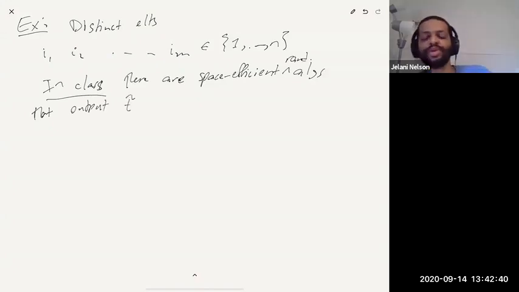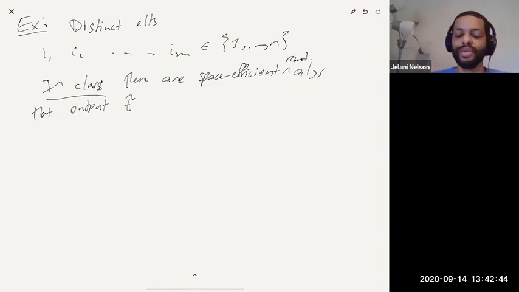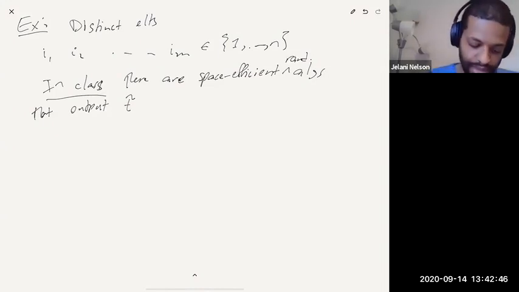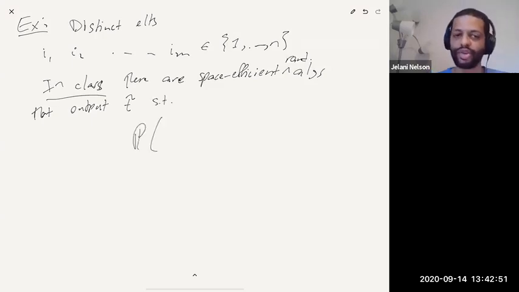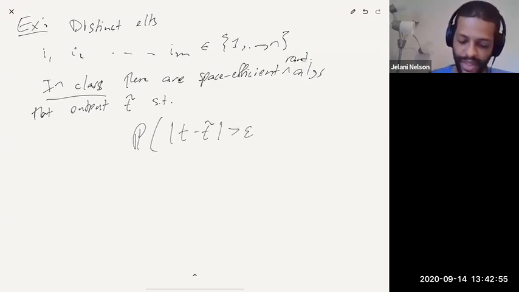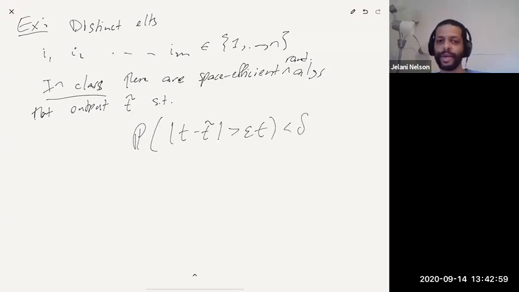Let's say T is the actual number of distinct elements in the stream. T tilde is the algorithm's output, which is trying to approximate T. That output T tilde is such that the probability, over the internal randomness of the algorithm, that the magnitude of T minus T tilde is bigger than epsilon T is at most delta.